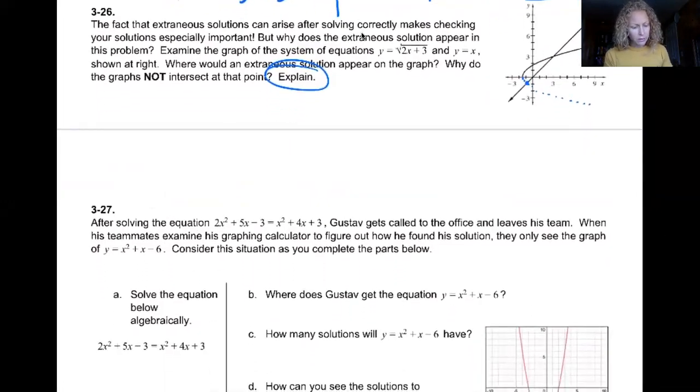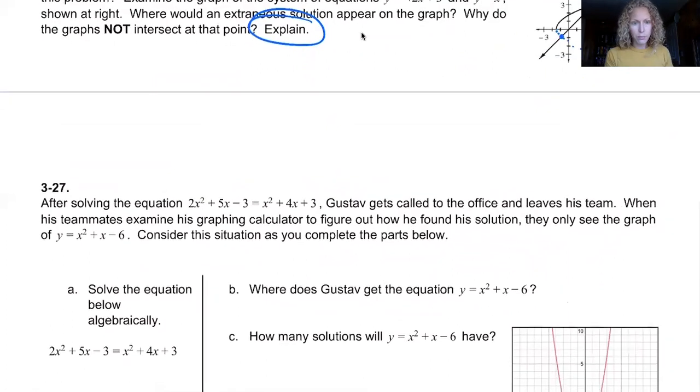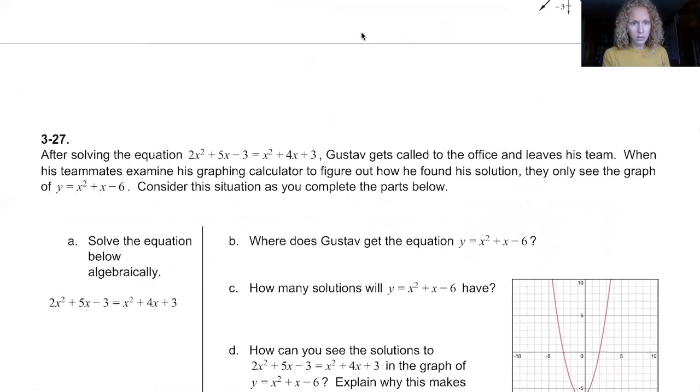Here's a slightly different problem, taking a pretty complicated equation with two quadratics equal to each other. There's this one on this side and that one on the other side, and they're equal. And Gustav is working this out. Sounds like he takes off and his teammates examine his graphing calculator to just see one equation, which is this one.